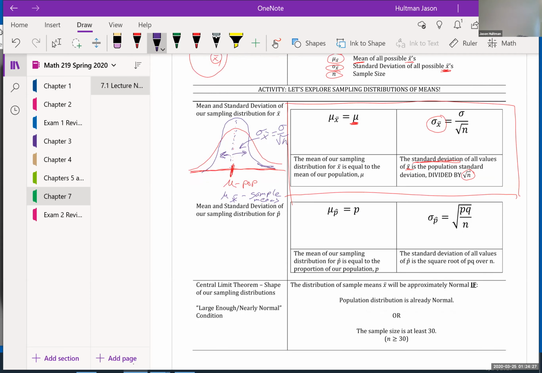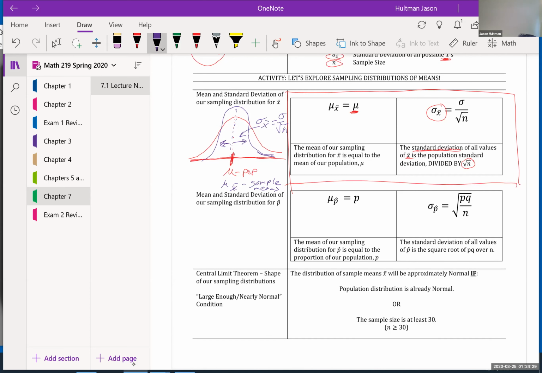Now, the central limit theorem says the shape of our sampling distribution of sample means will approximately be normal if, one, we already knew that the population was normal. If we were given a normal population to begin with, then we just stay with a normal population.